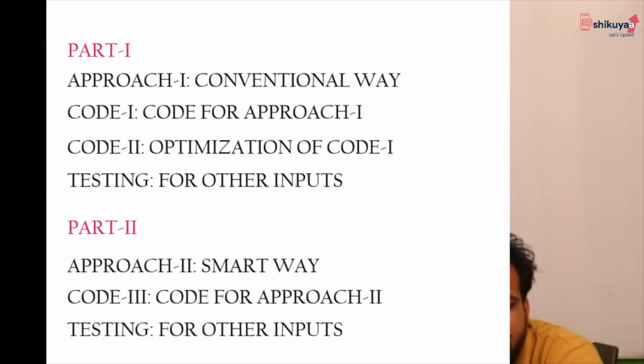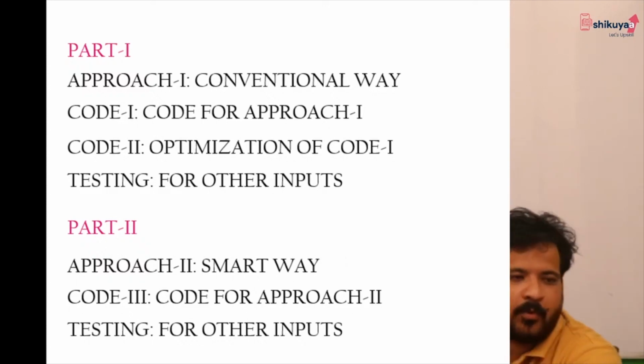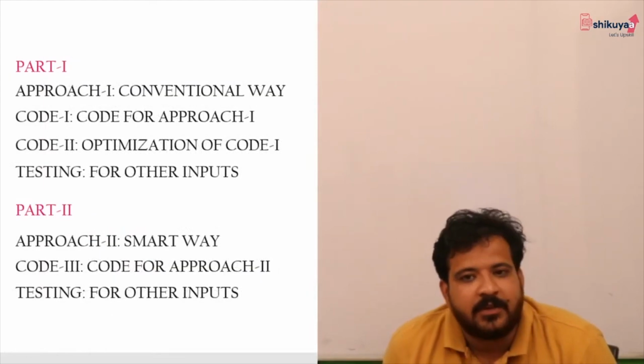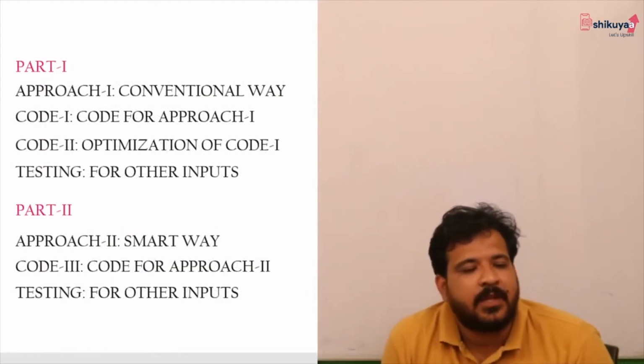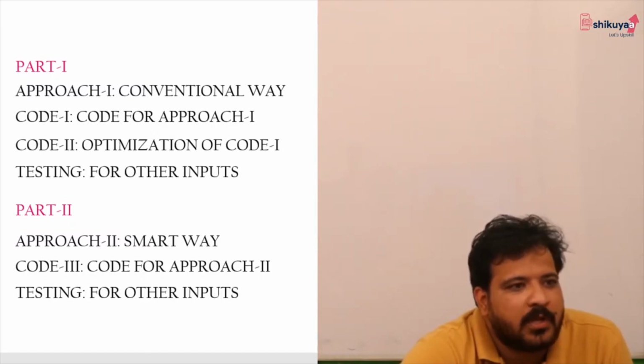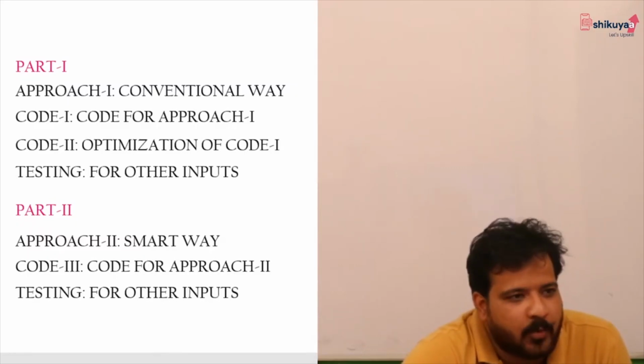In part one of my session, I'm going to share a problem with you, and I'm going to solve that problem by using a conventional approach, conventional way. So as you can see on the screen, I have clearly written approach one, conventional way. After that, I'm going to explain you the code for the conventional approach.